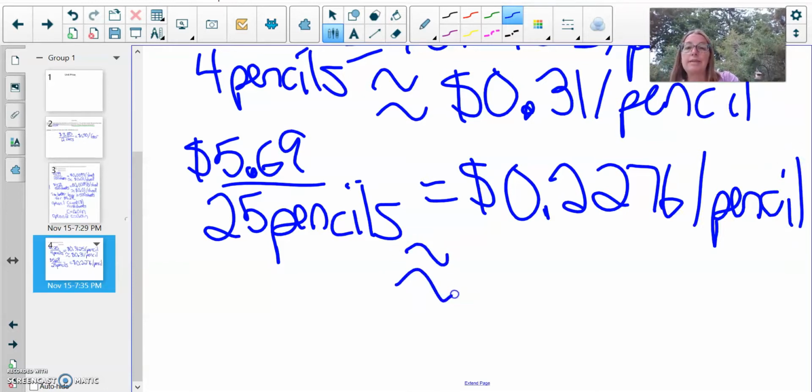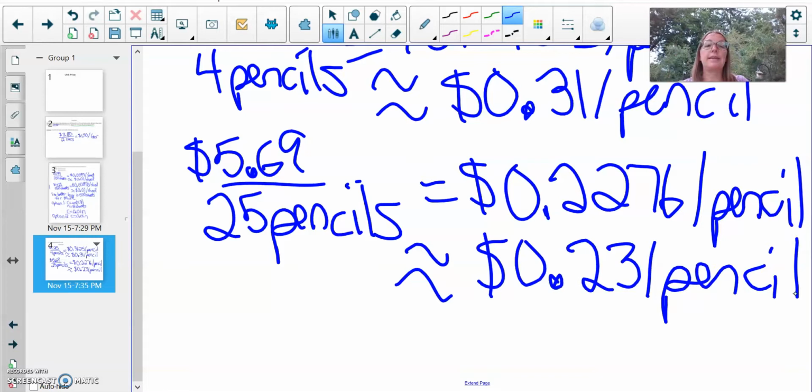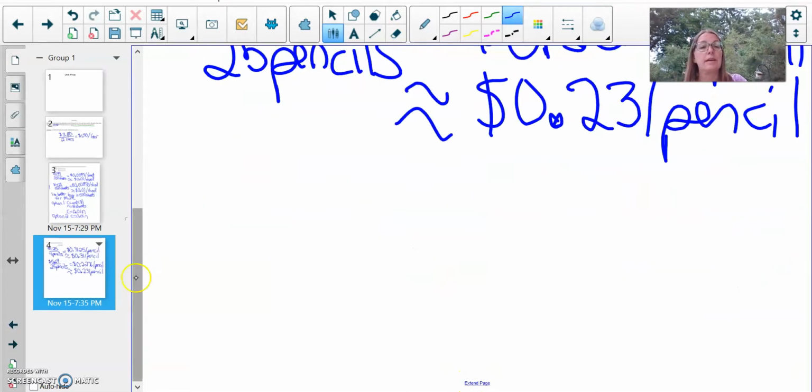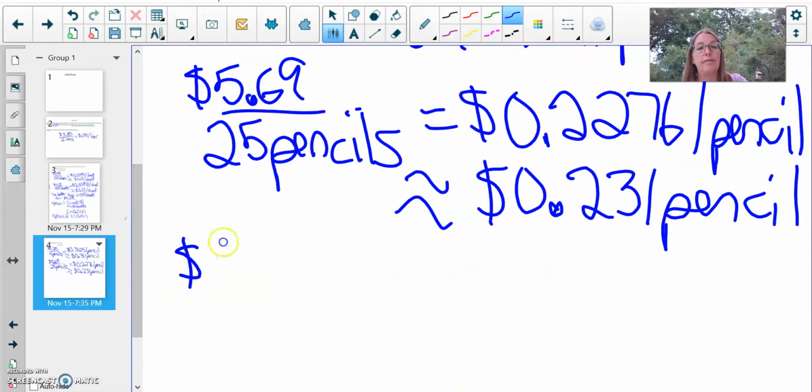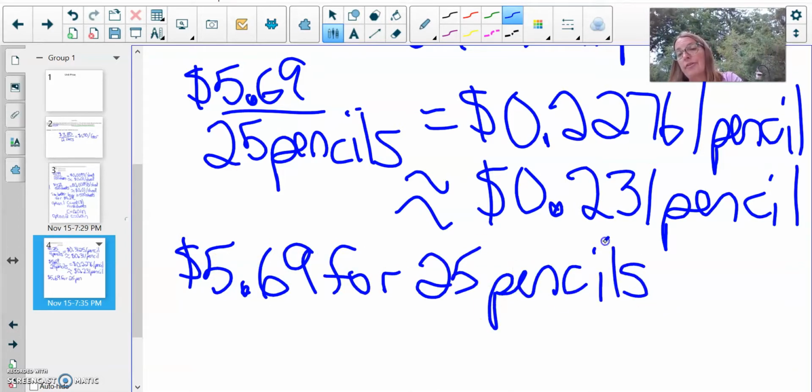In our context, rounding it, it would round to 23 cents per pencil. So in this case, we can see that the second option had a lower unit price. So $5.69 for 25 pencils is the better buy.